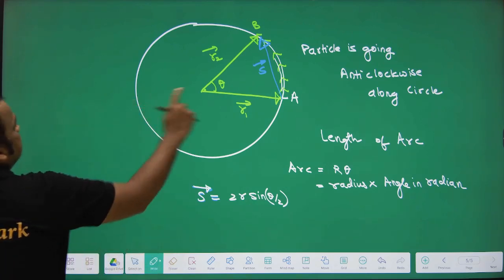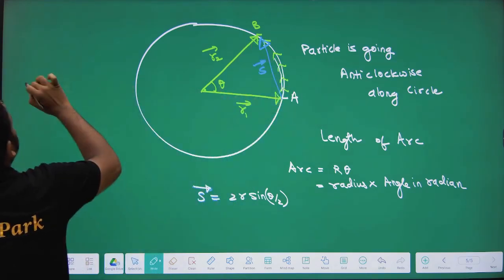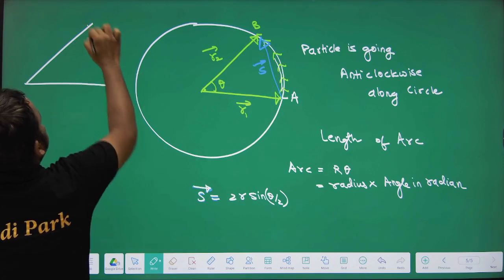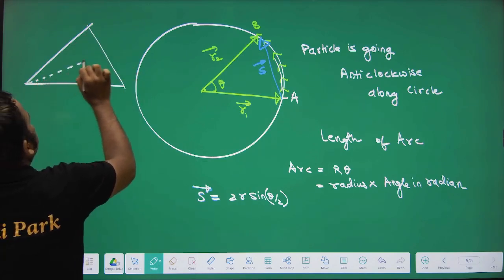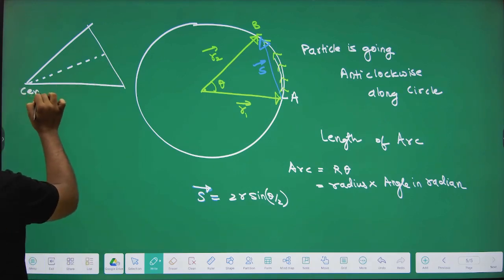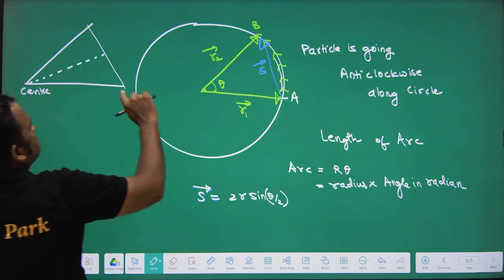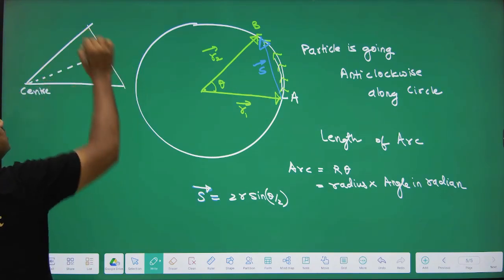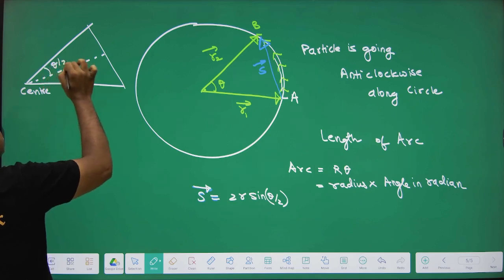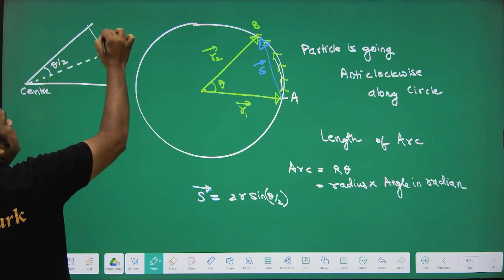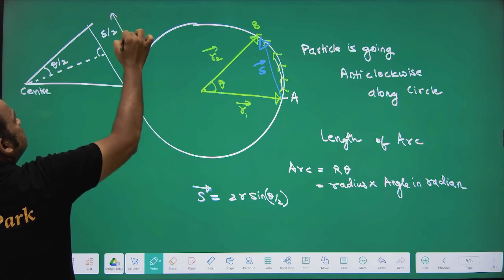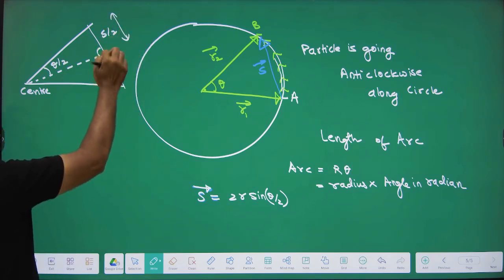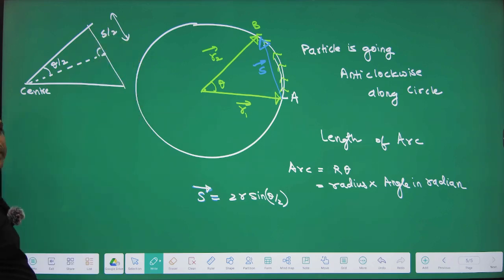So we have this triangle. If you draw a perpendicular from the center on this displacement, we will get an isosceles triangle. This angle will be theta by 2 and this side will be s by 2. This point will be the midpoint of the displacement vector.